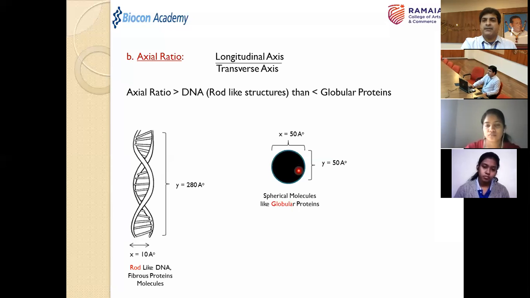Agarose gels have enough pore size, and DNA is a bulk material compared to protein. This concept is explained in terms of axial ratio. We are not measuring axial ratio, but this is the concept for why DNA can be separated by agarose gels, because of its higher axial ratio. Okay.